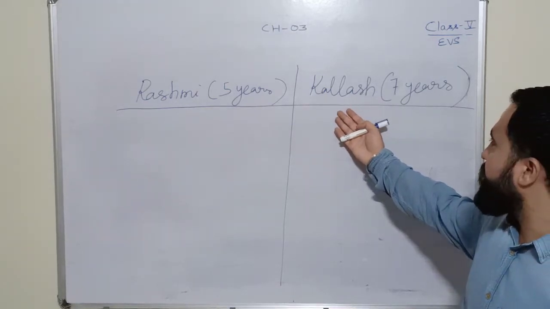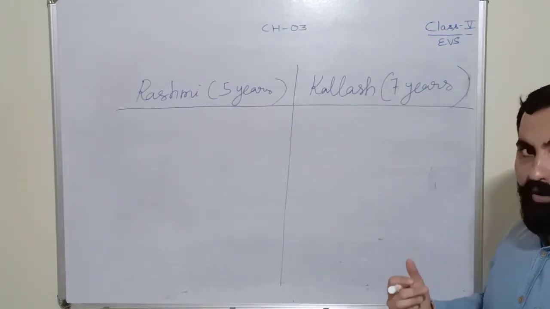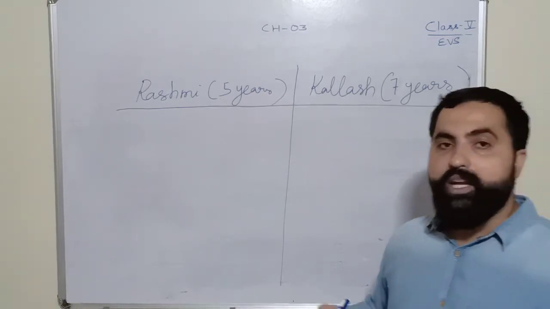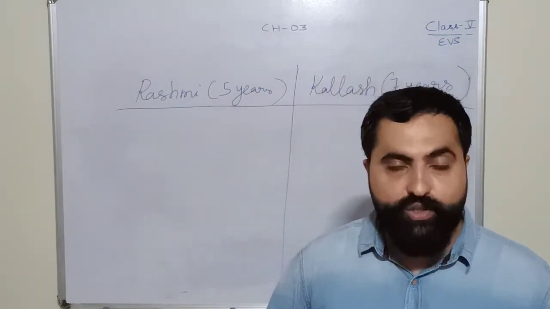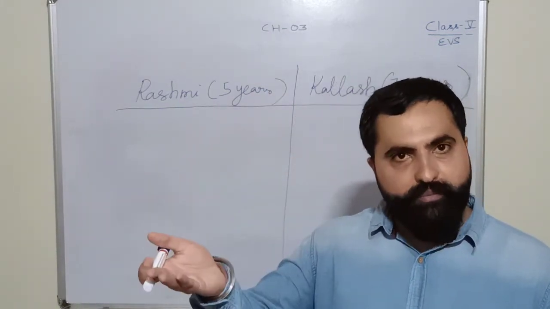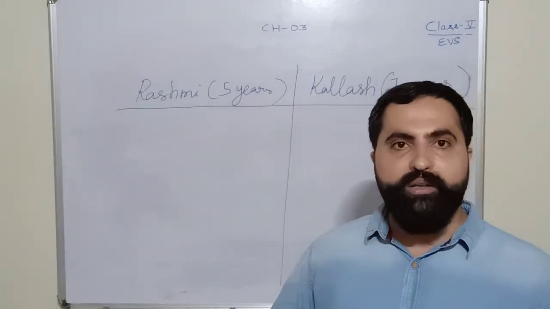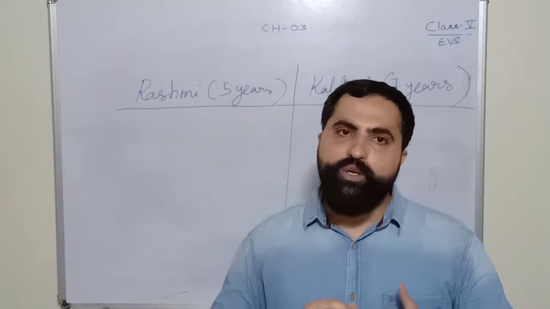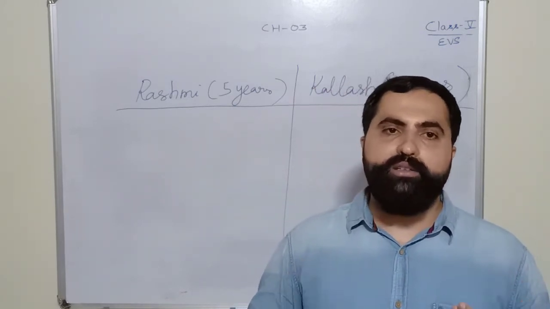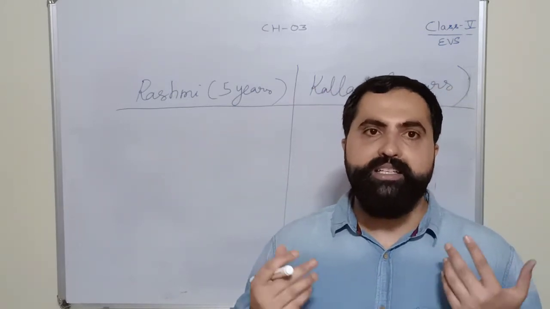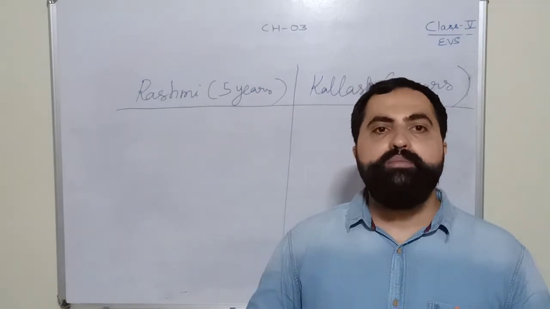On the other hand, there is Kailash, a 7-year-old boy, but Kailash is fat, so he looks bigger than his age. He looks like a 10-year-old boy. Why? Because he doesn't like homemade food like dal, rice, chapati, curd, and many more dishes.